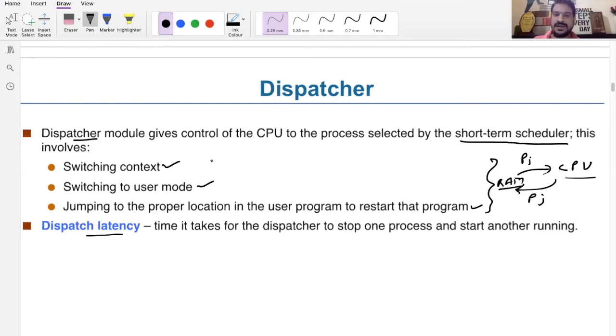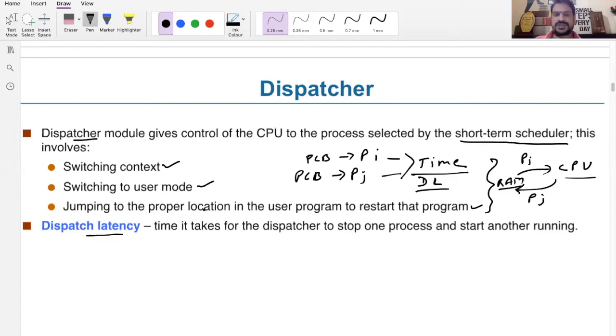Mainly that latency is to save all the context, meaning the process control block related to process PI, and to save the process control block related to PJ. These two take some time. That particular time is called dispatch latency.